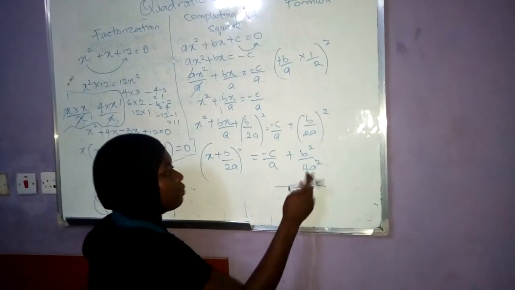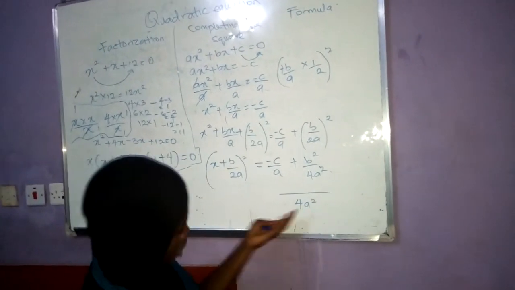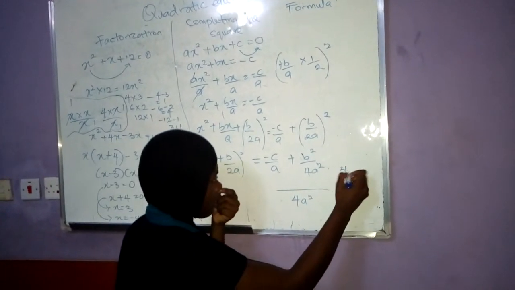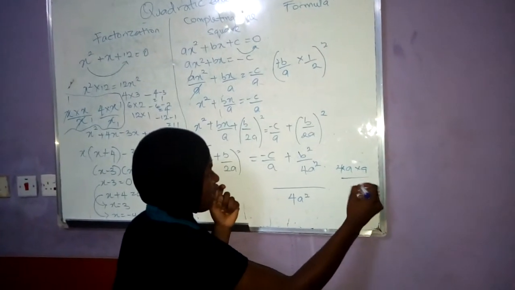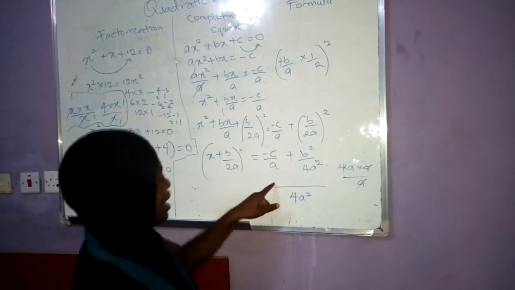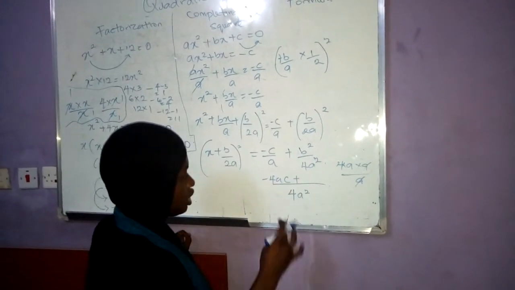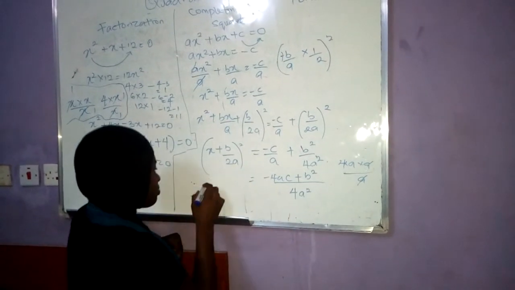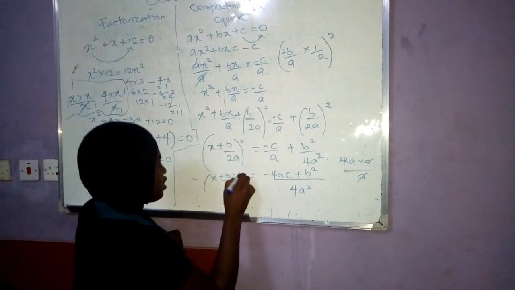The LCM is going to be 4a squared. 4a squared divided by a is 4a, times minus c, that is minus 4ac, plus LCM divided by 1, that is b squared, over 4a squared, is equal to x plus b over 2a, squared.